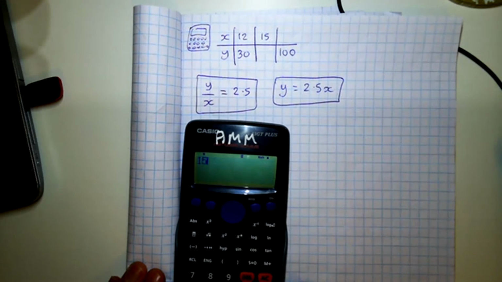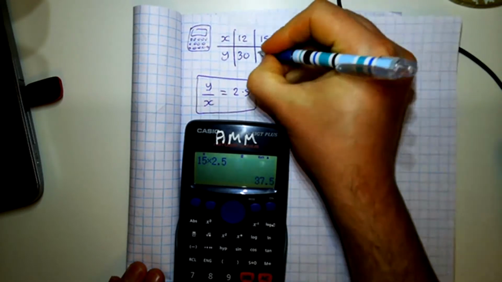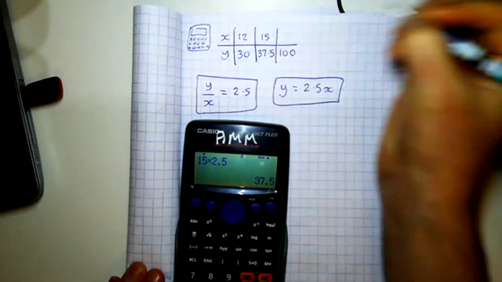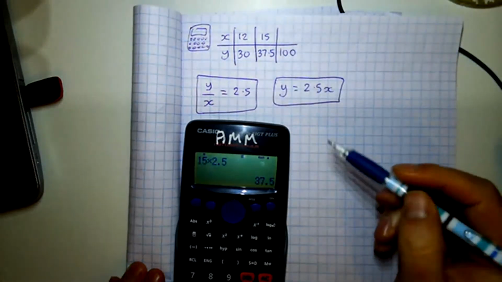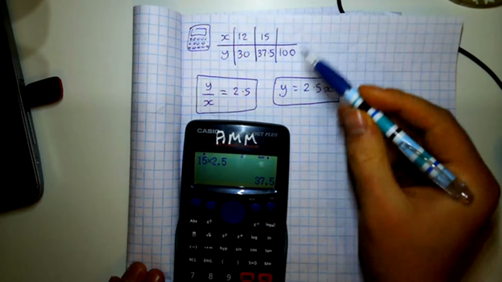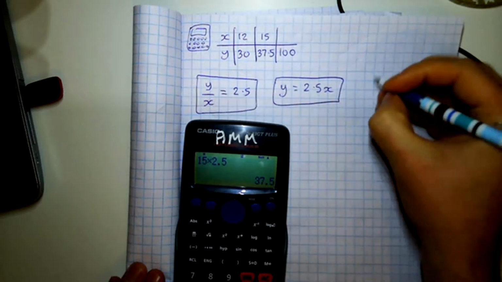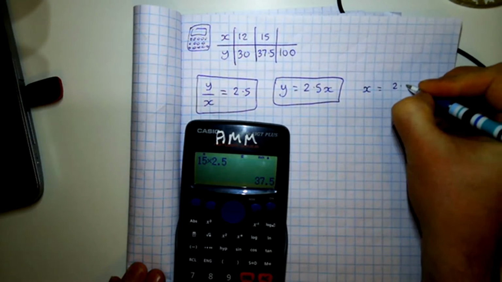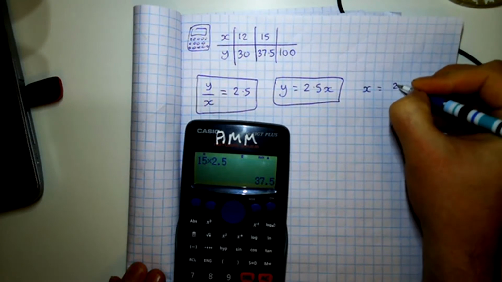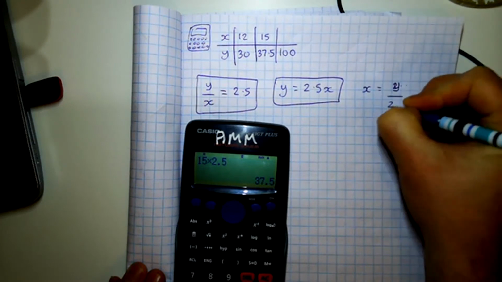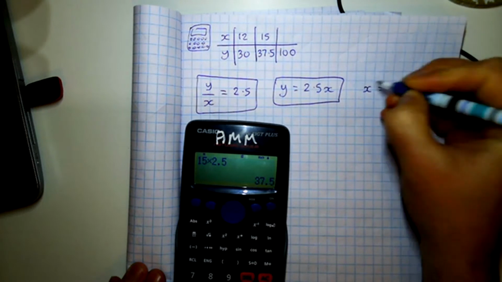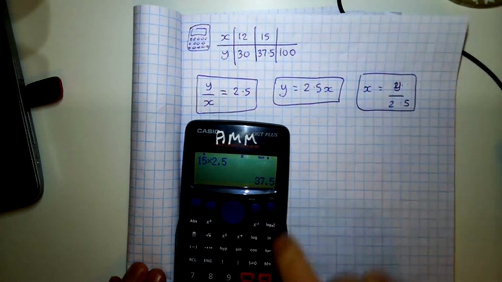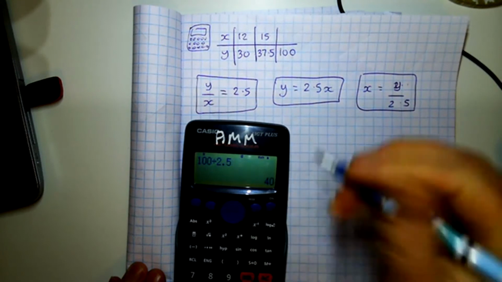I can do 15 times 2.5, 37.5. And if I want to do this one, if I want to find x, just rearranging this in a different way, x equals y divided by 2.5. 40.